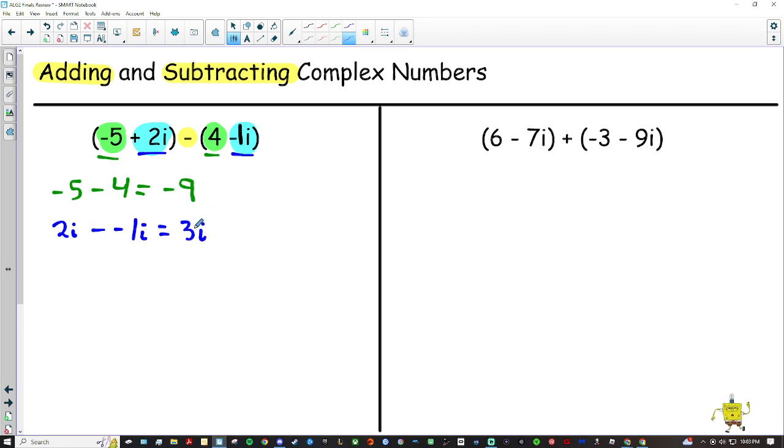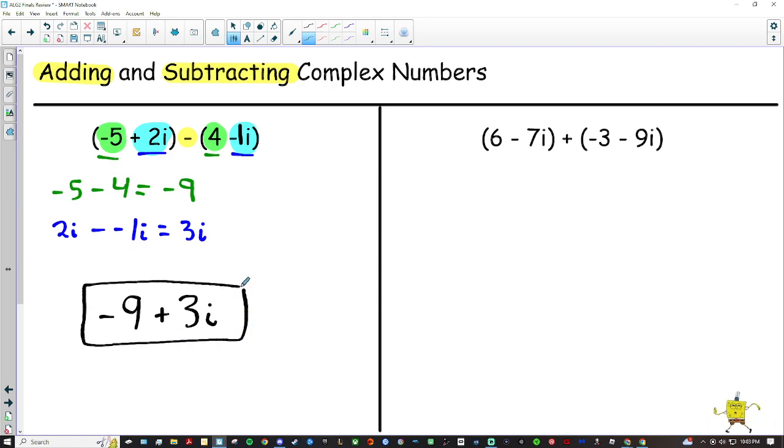Notice my i just stayed an i. It didn't become an i squared. When we add or subtract imaginary numbers, they stay i. So my final answer is going to be my real part, -9, and then my imaginary part, 3, which is positive, so plus 3i. And we are done.